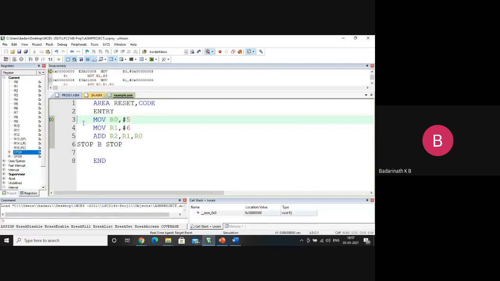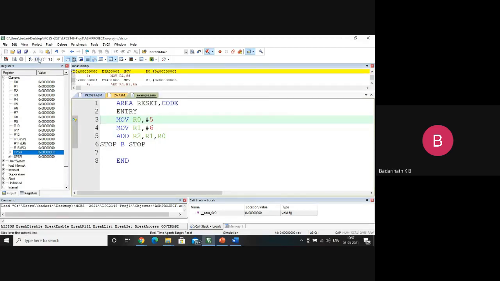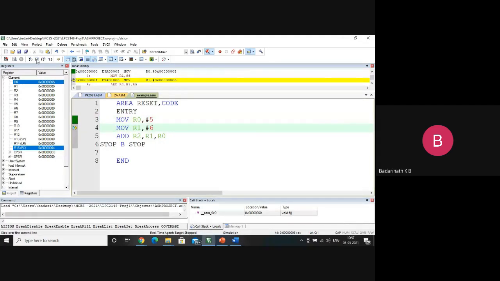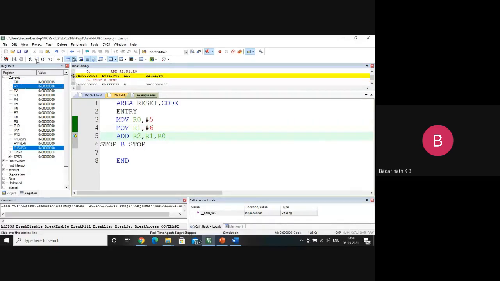Now look at the program running. R0 has a 5, and R1 has a 6. This program is going to add 5 plus 6.